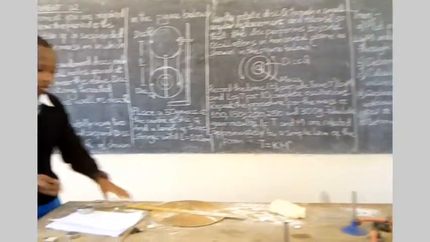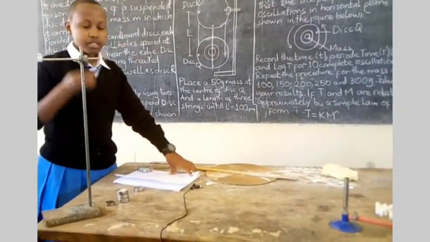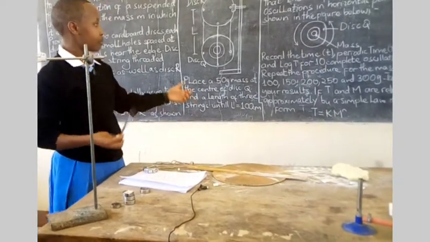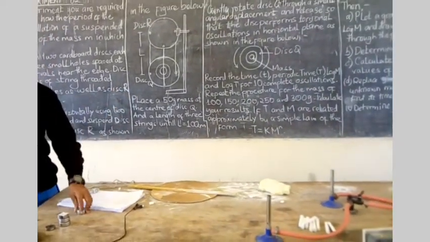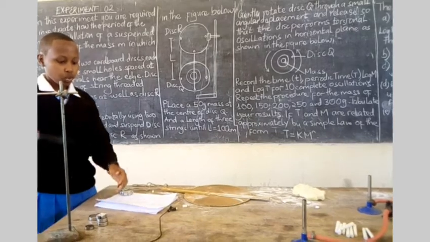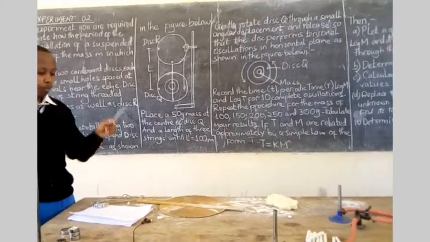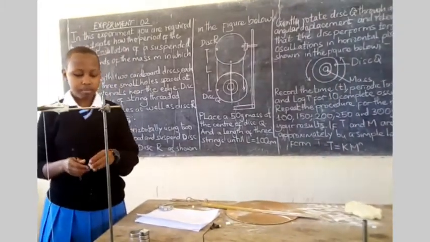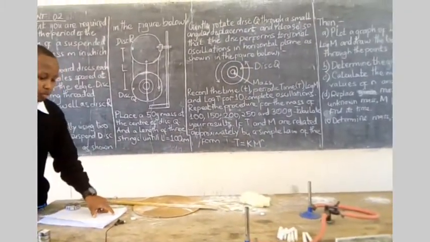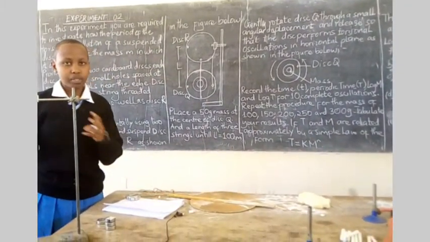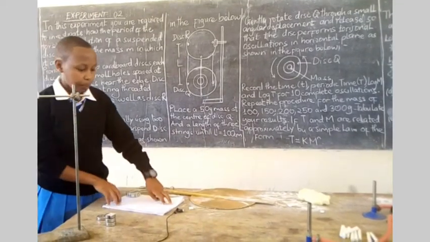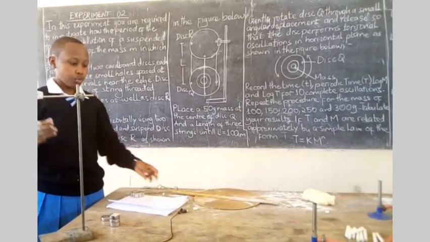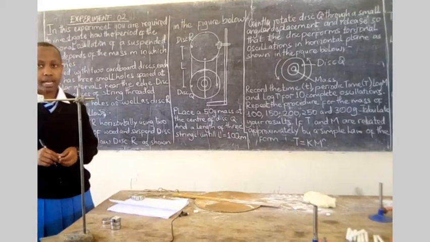To obtain the time period, we take the time taken by each mass to complete 10 complete oscillations and divide by the number of oscillations. Let's say for 50 grams, it has taken 12.28 seconds to complete 10 oscillations. To obtain our periodic time, we divide by 10, which will be 1.228 seconds.